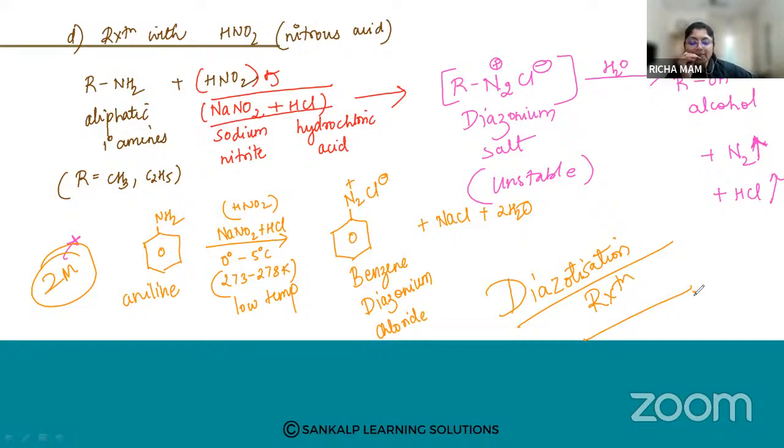Aromatic primary amines, when they react with nitrous acid at a lower temperature of 0 to 5 degrees Celsius to form diazonium salts, this reaction is called the diazotization reaction. Very important from the CET point of view, that is from the competitive point of view.